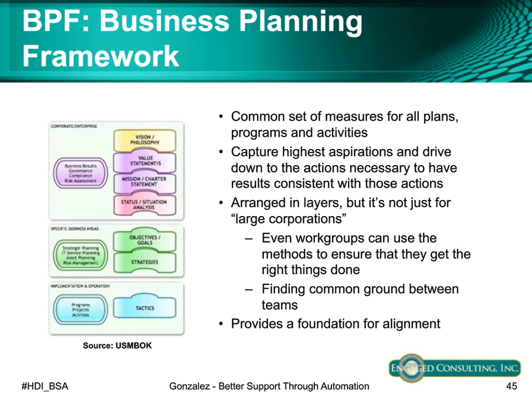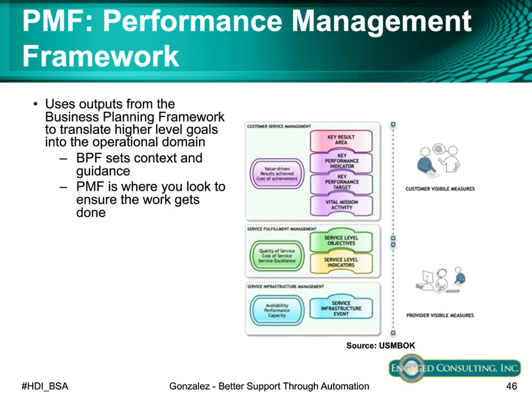So that's the business planning framework, broken out into 3 basic chunks. And then beyond that, we have the performance management framework. The performance management framework starts out with the key result areas, the things that we do that help the customer, and then drills down all the way into the lowest level operational metrics we can get our hands on.